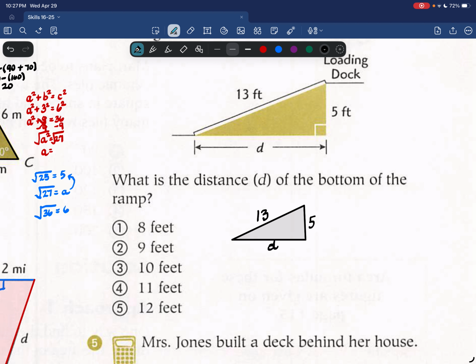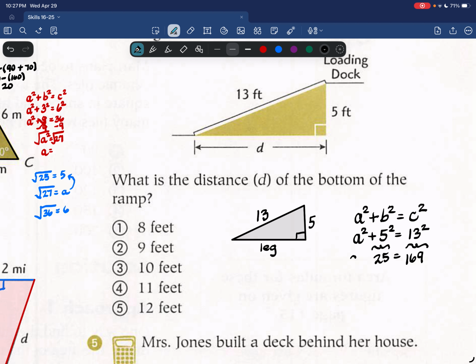We're looking for one of the legs of this right triangle. So we know that we're looking for a leg. A squared plus B squared is C squared. One of the legs is missing. The other leg is 5. And the hypotenuse is 13. 5 fives are 25. 13 times 13 is 169.